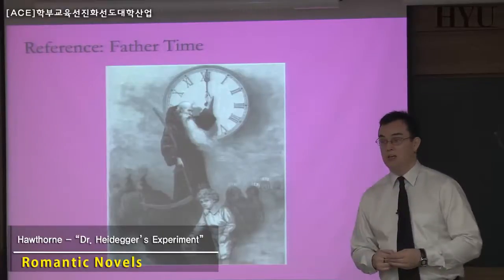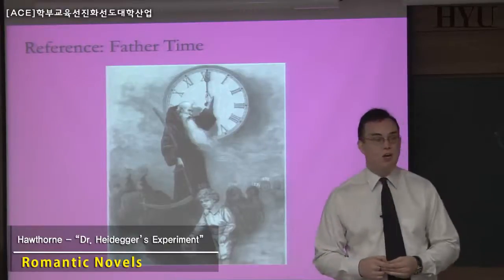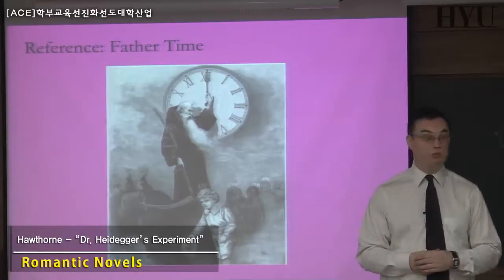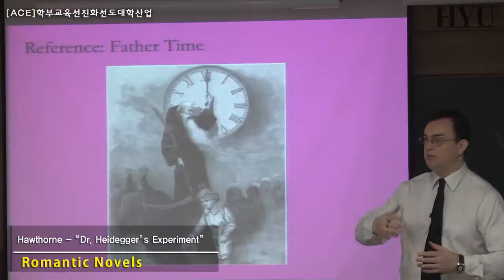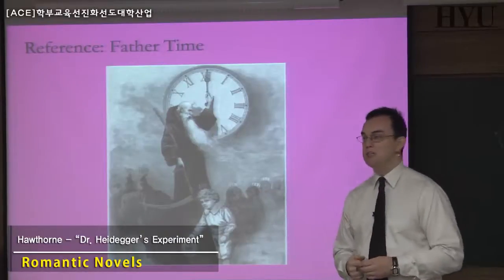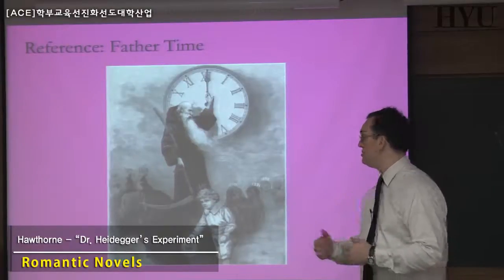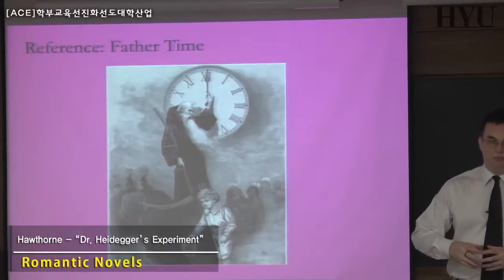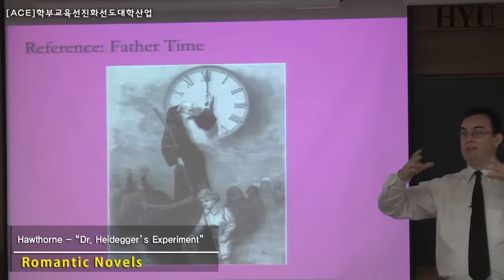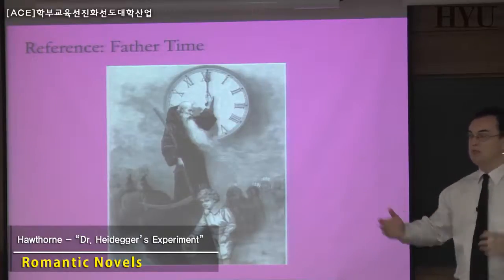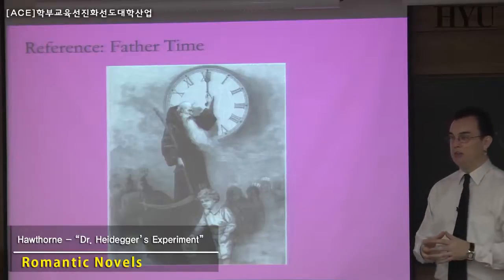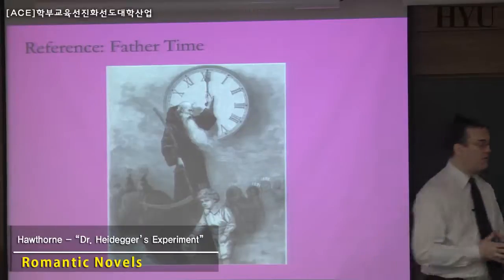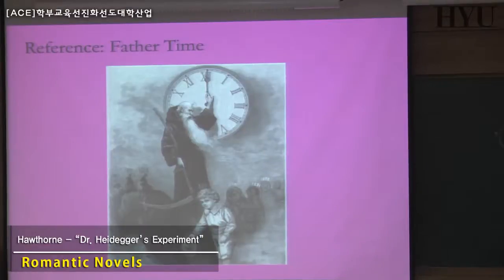But thinking about the way in which time passes and the shortness of human life was also explored in our story of Rip Van Winkle, right? Rip has 20 years that he misses out of his life, and we are supposed to compare the long-standing mountains of the Catskills, which are there for thousands and thousands of years, and Rip, for whom it's just a brief lifetime. So, this reference to Father Time on page 45.